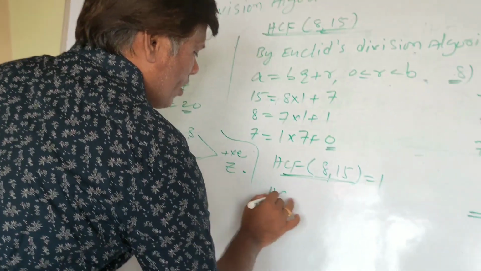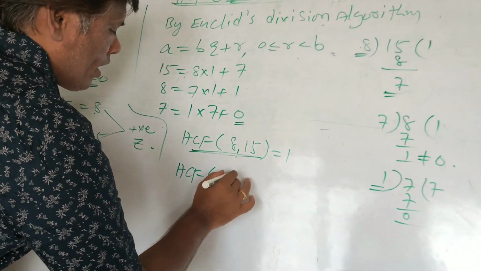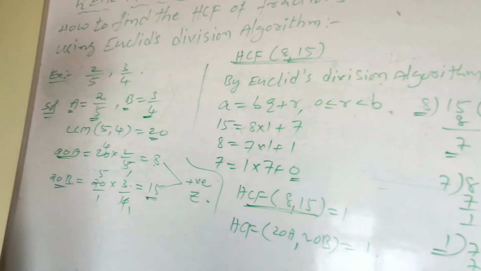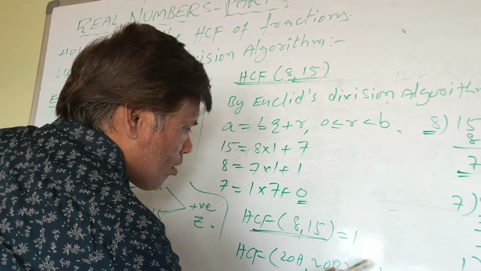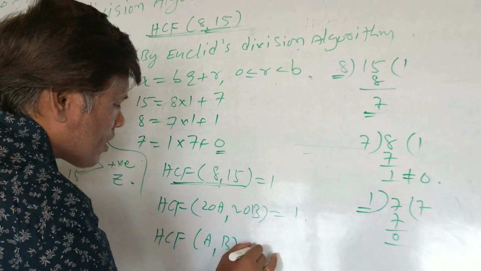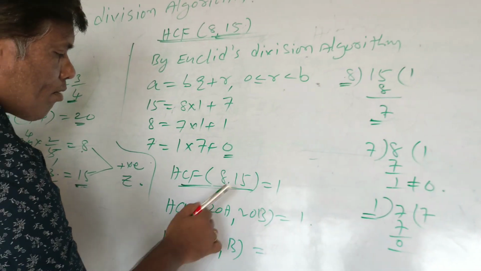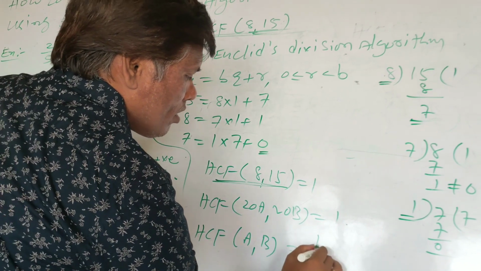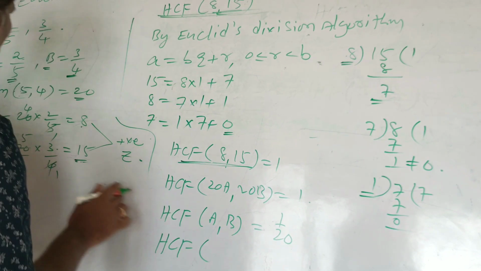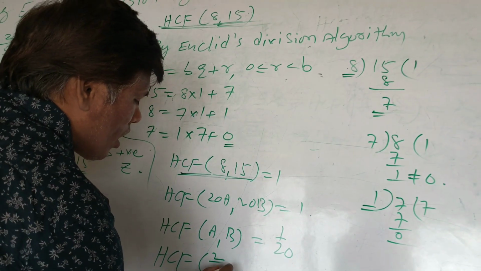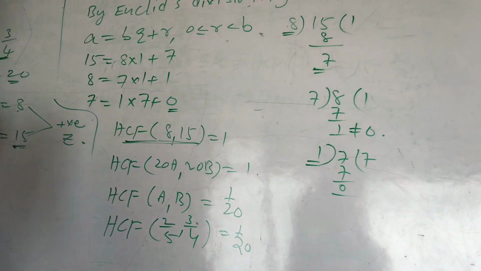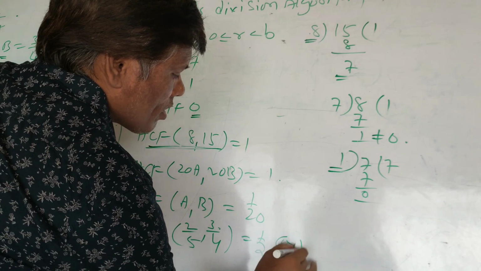So we got the HCF of 20a, 20b is equal to 1. If the HCF of 20a, 20b is equal to 1, then, as I said previously, the HCF of a, b is equal to 1/20. That is, the HCF of 2/5 and 3/4 is equal to 1/20.